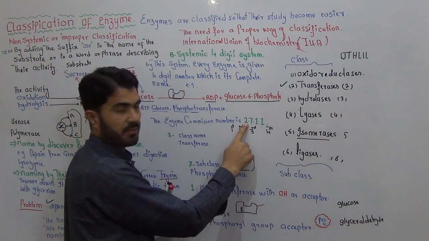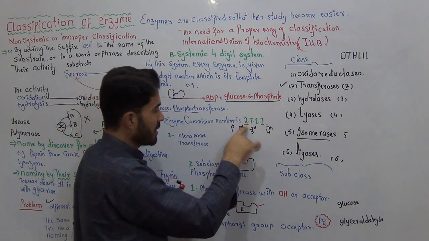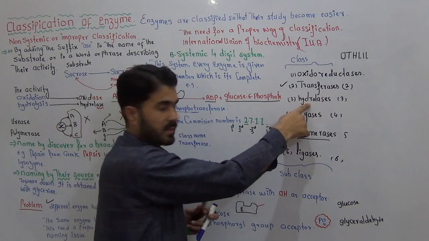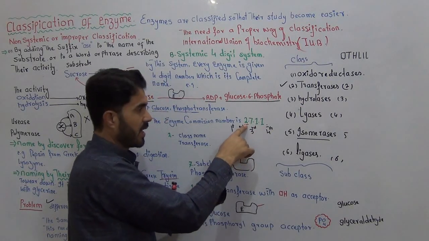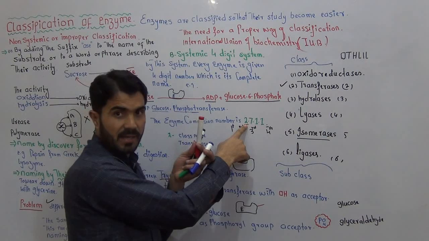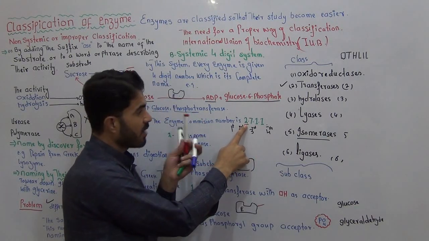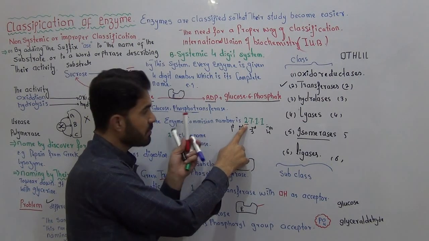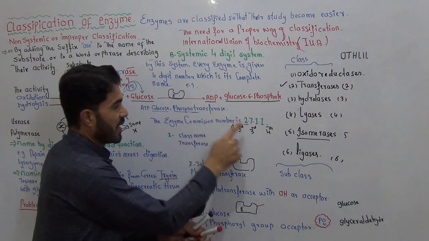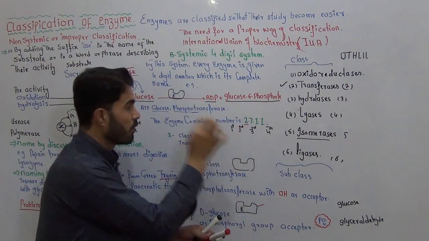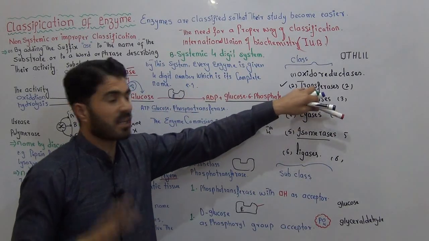If there was 3, then that enzyme would be hydrolase. If there was 4, then that enzyme would be lyase. If there was 5, then that would be isomerase. This time the enzyme has been given number 2. The first digit is 2, so this enzyme is from the transferases.